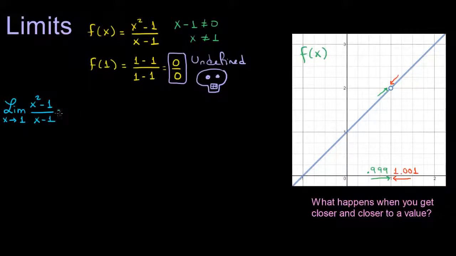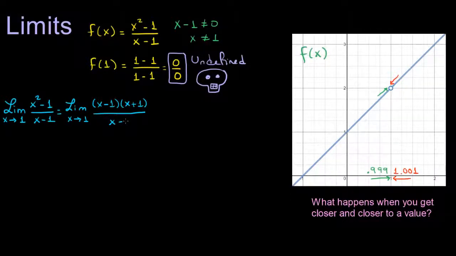To work this through, we can use factoring. I'm going to do that here just to show you how to solve a proper case for a limit. You factor the numerator as x minus 1 times x plus 1, all over x minus 1.